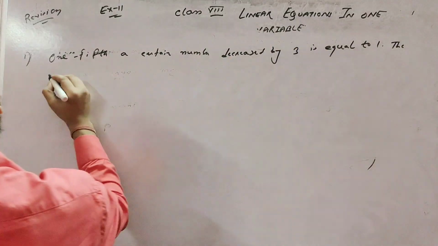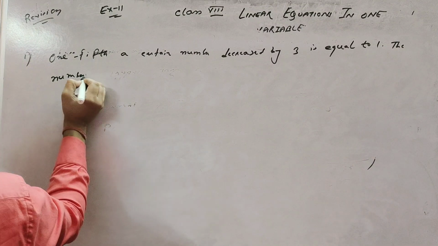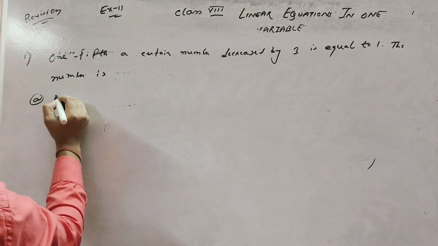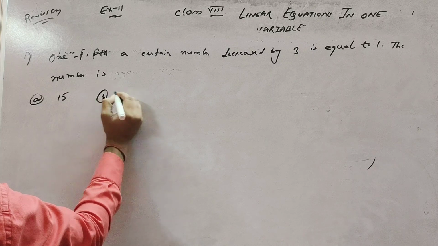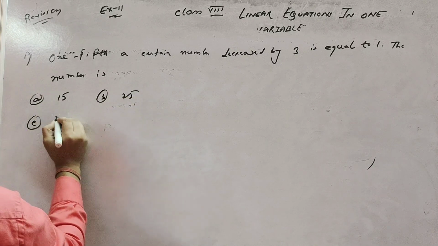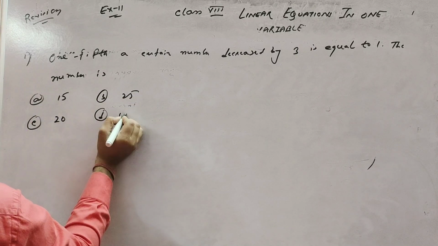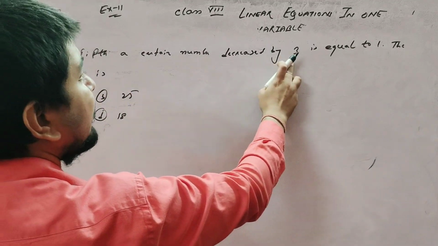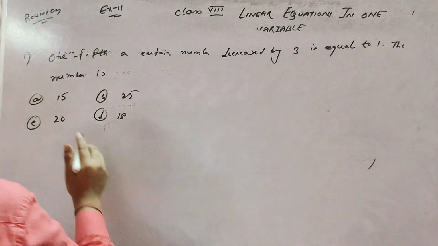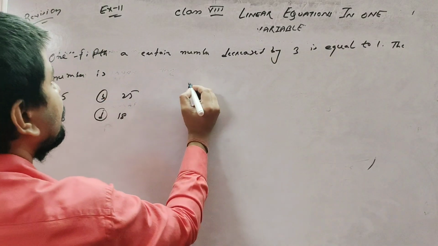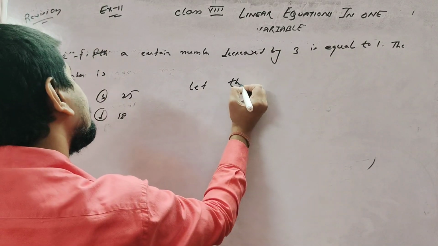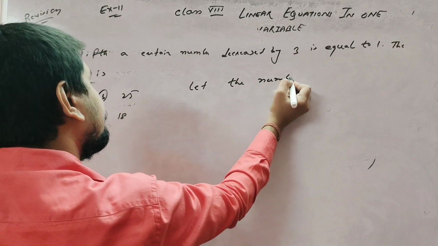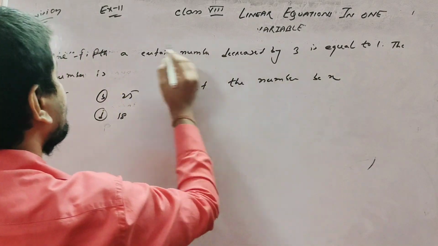The number is option A 15, option B 25, option C 20, option D 18. Again I repeat, 1/5 of a certain number decreased by 3 is equal to 1. What is the number? So let the number be x.